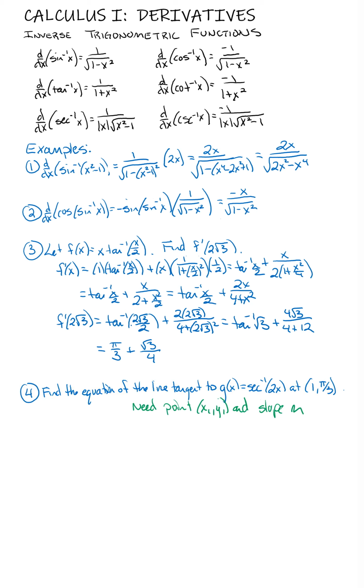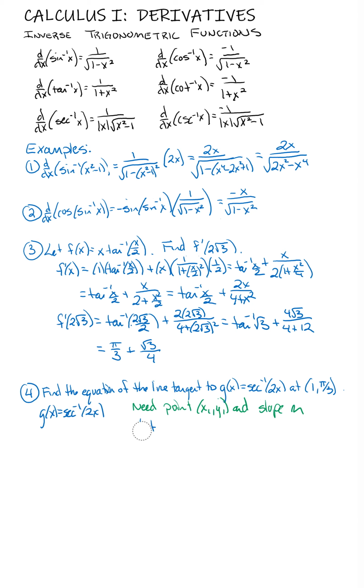Now we're starting with g of x is equal to the inverse secant of 2x. Of course, we are looking for the equation of the tangent line. Well, we already have our point.